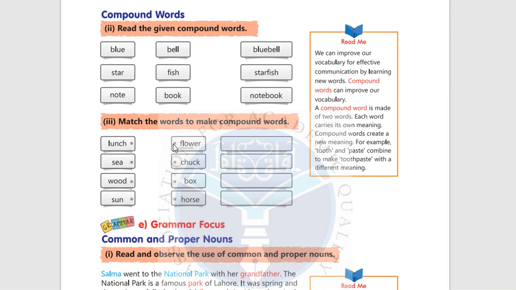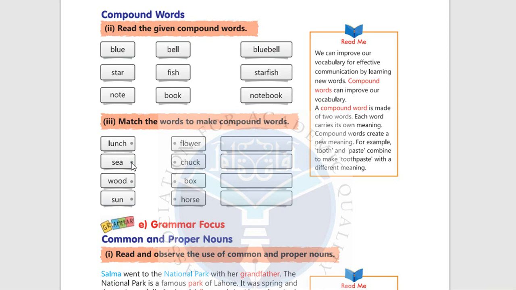For example, this is lunch. There is no such thing as a lunch flower. There is no such thing as a lunch chuck. There is no such thing as a lunch horse. The only word that fits with the word lunch is box, lunch box. Right? Then there is C.